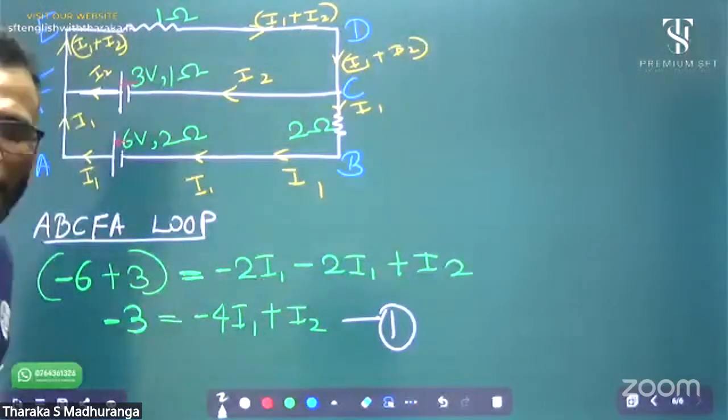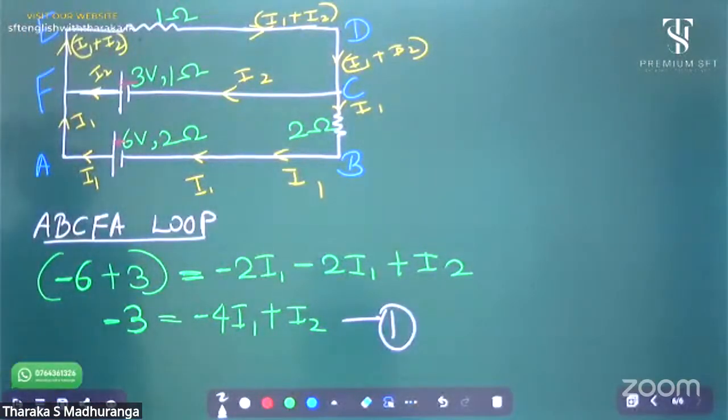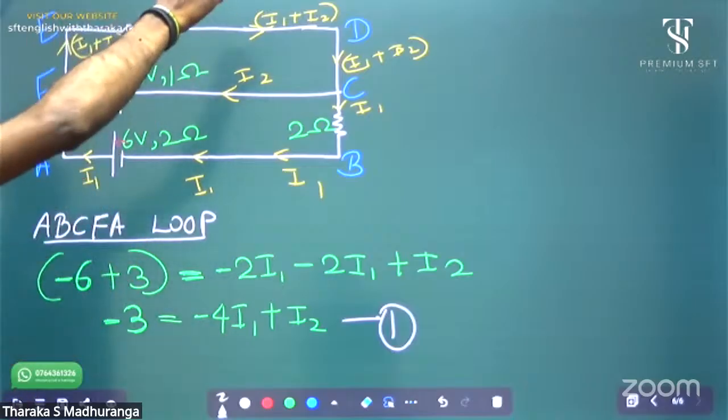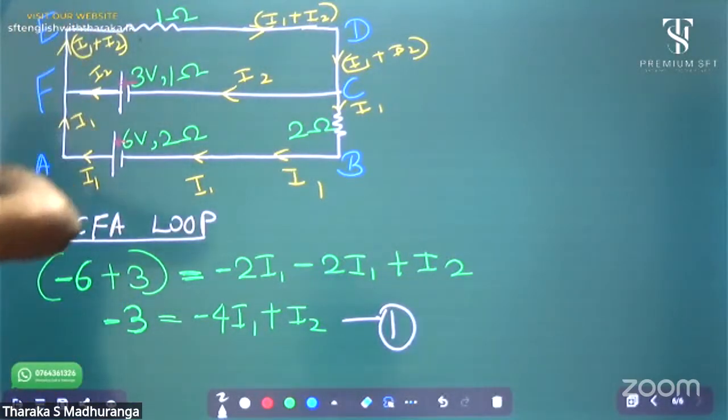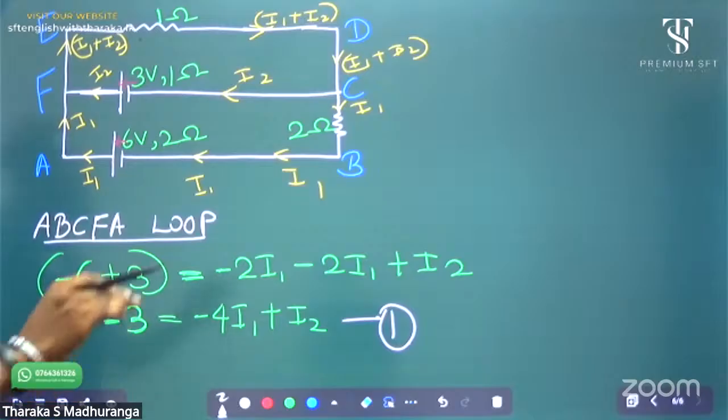AEDBA, that means the outer path, no? Can't we use F, C, D, E, F? Yes, we can. Both we can, but our requirement is only two.